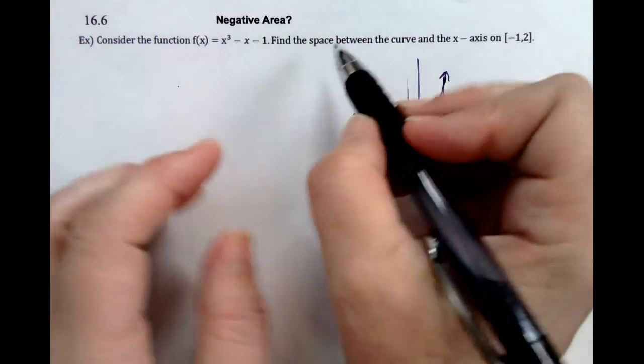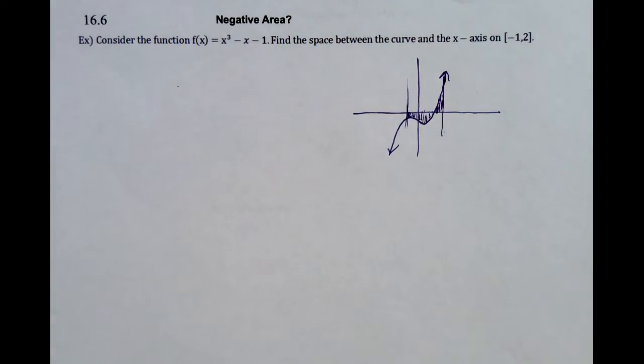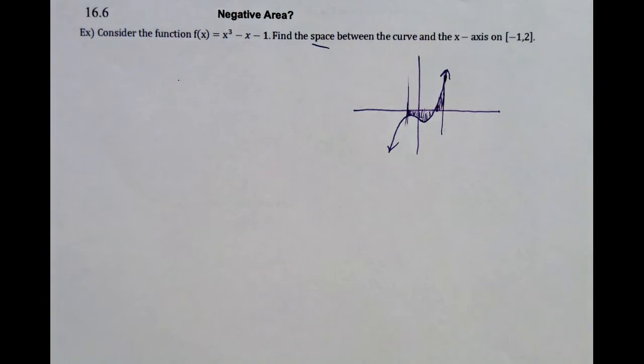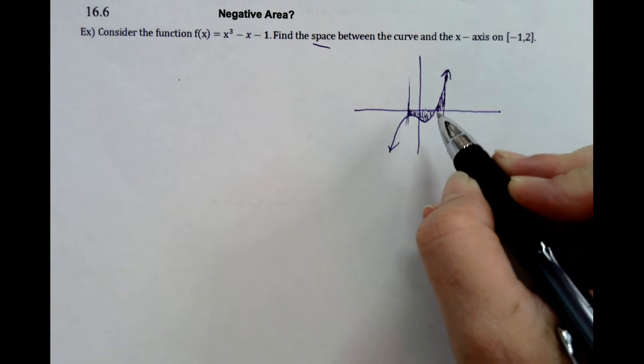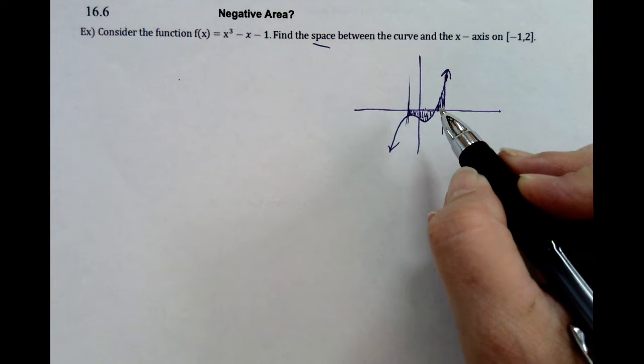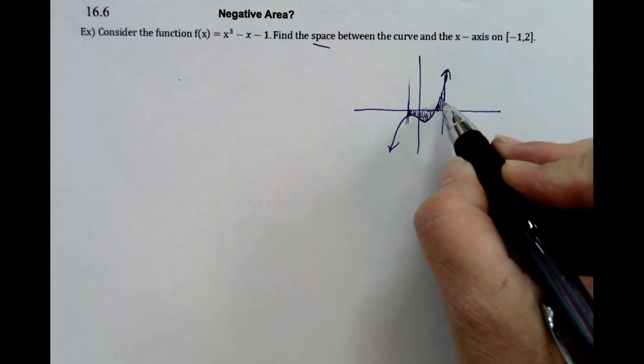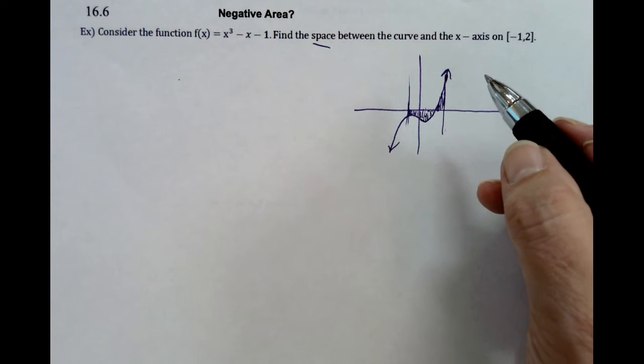But this relates to what you asked earlier. We are not being asked to find the value of the integral. We are being asked to find the area, or the space, between the graph and the x-axis from -1 to 2. So we need to find this area and make it positive, and then find this area and add it to it, right?